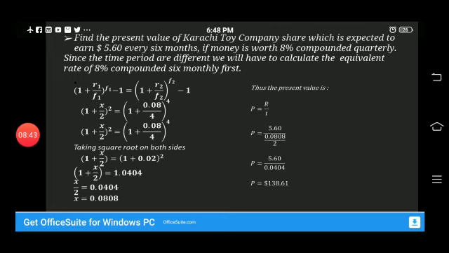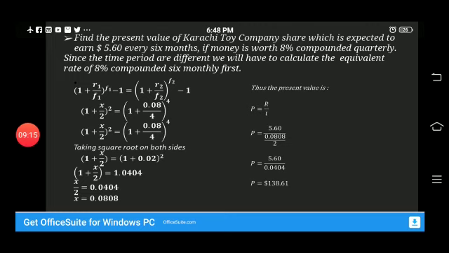Now look, at one place he is talking about 6 months, meaning semi-annually, and on the other hand he is saying 8% compounded quarterly. So he is talking about two different periods. When he is talking about two different periods, we need to find the equivalent rate of interest.